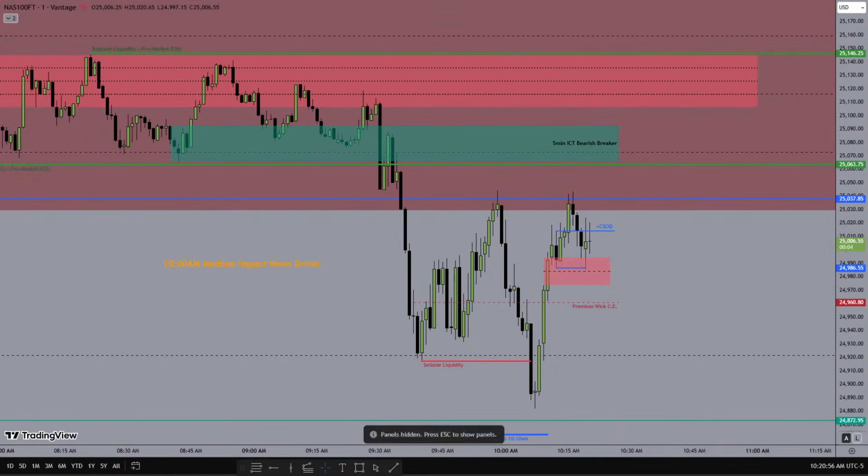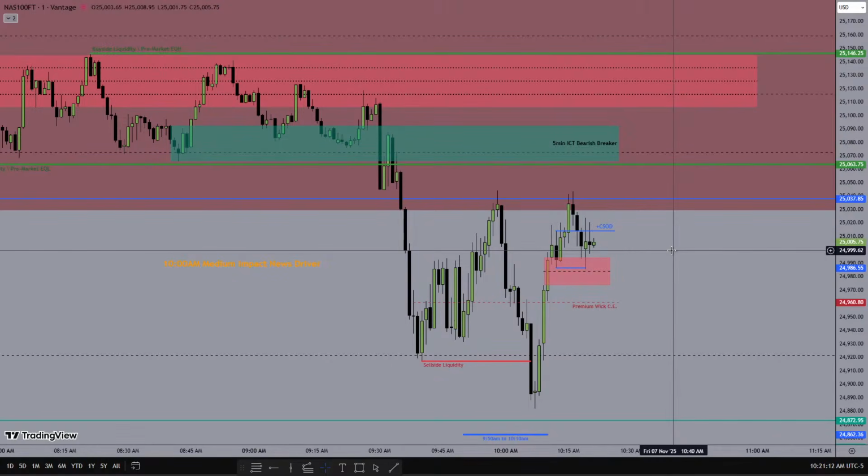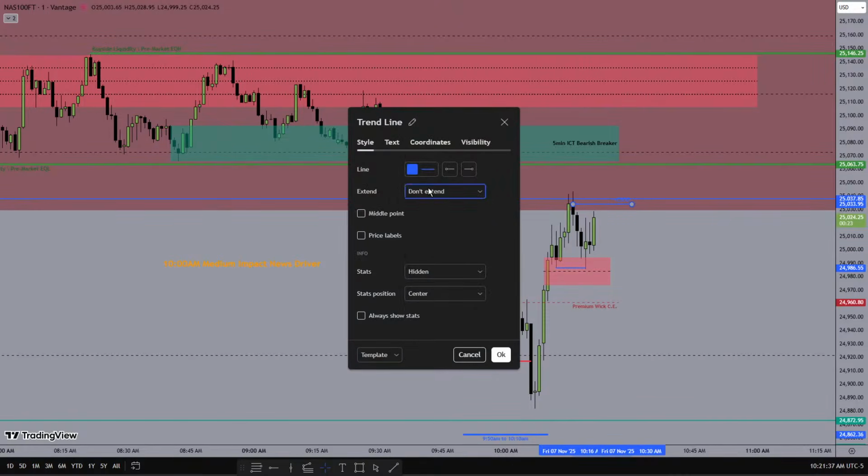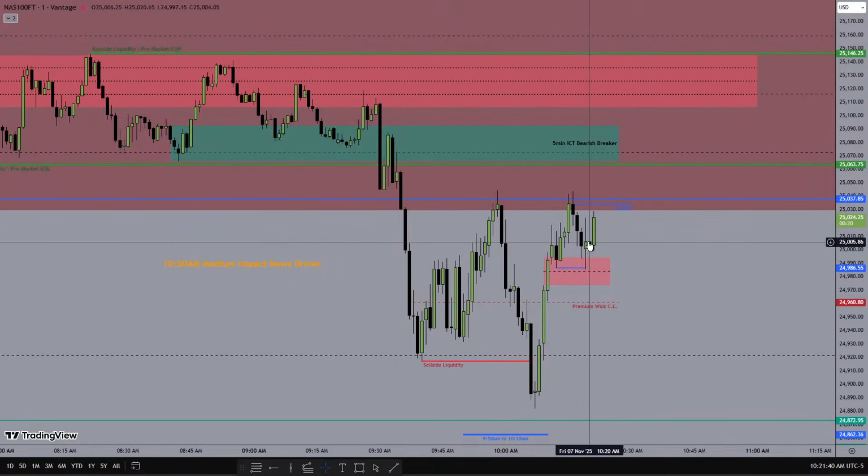Give me my cross back. Yes, on the 15. So it would need to make a change in the state of delivery here for me to consider a long entry and confirm this swing.